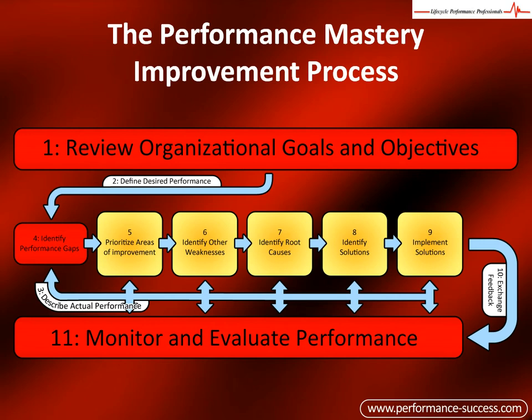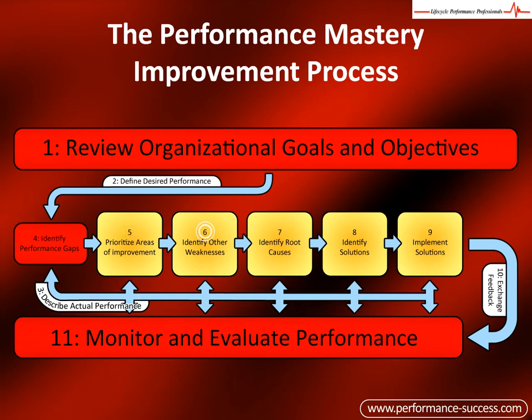The steps in the Performance Mastery Improvement Process include: Step 1. Review organizational goals and objectives. 2. Define desired performance. Step 3. Describe actual performance. Step 4. Identify the performance gaps. Step 5. Prioritize areas of improvement. Step 6.